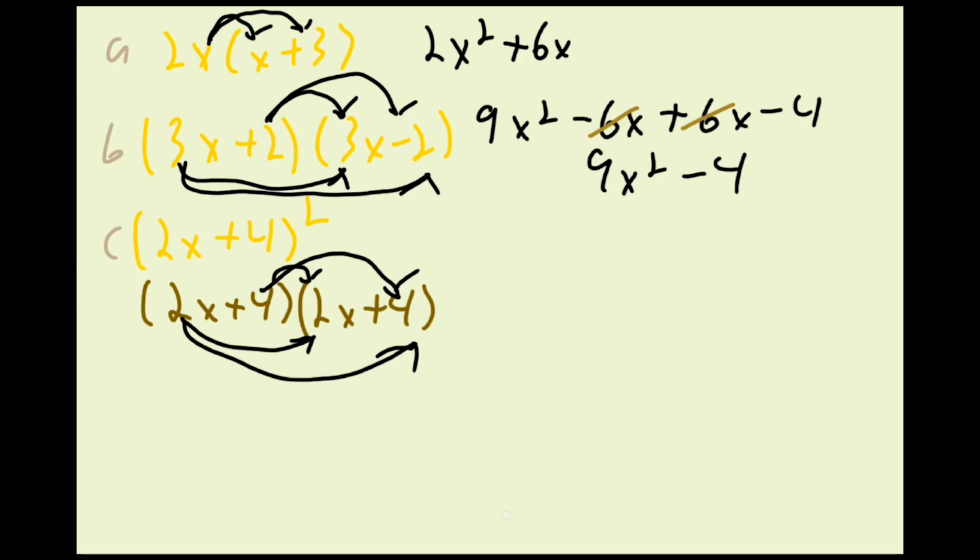So 4 times 2x, that would give us 8x. And then 4 times 4, that'd give us 16. And 2x times 2x would give us 4x squared. And now 2x times 4 would give us 8x.